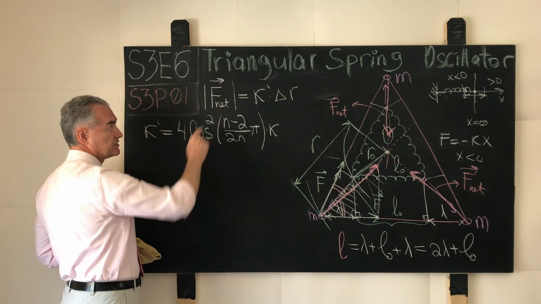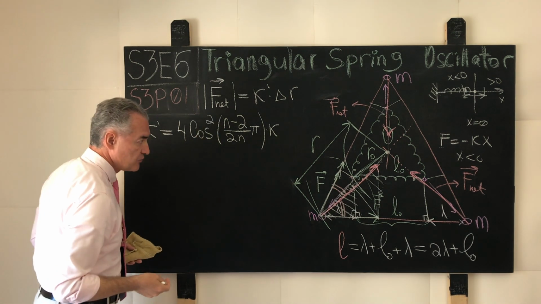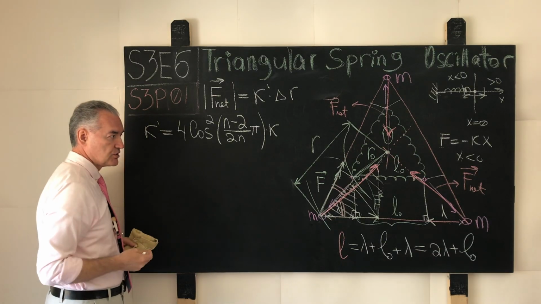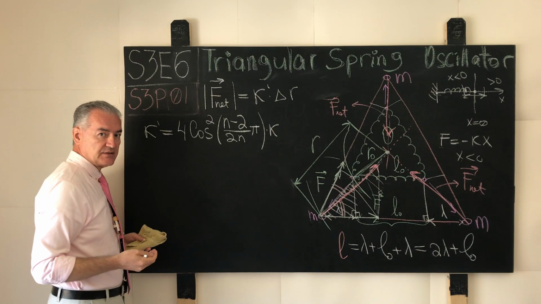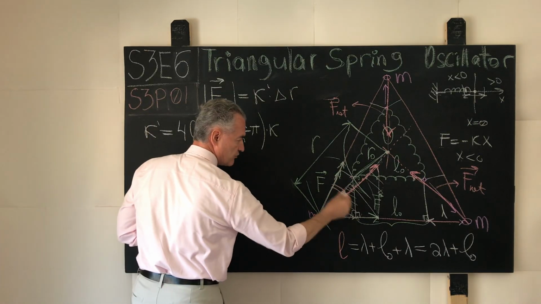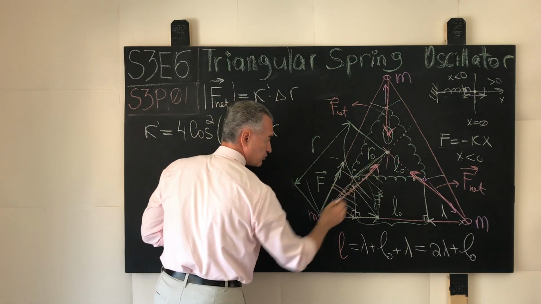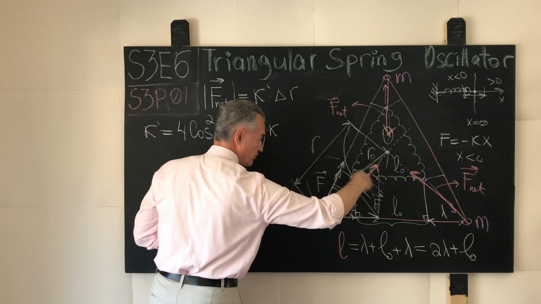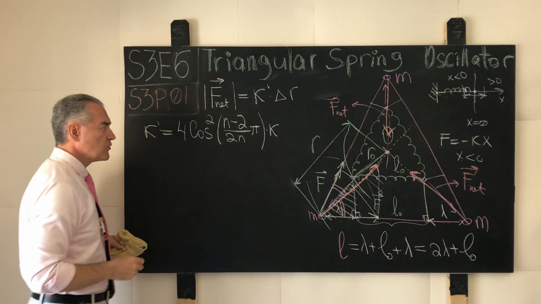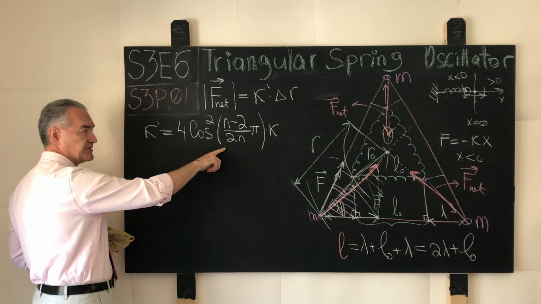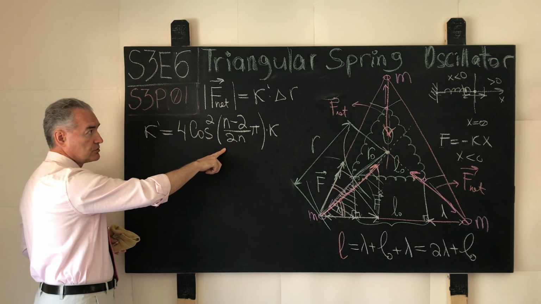And in this case, this force is a faithful model of a restoring force that is generated not by a physical spring, but by a virtual spring attached to the circumcenter of the parent equilateral triangle. This is the constant of that virtual spring.